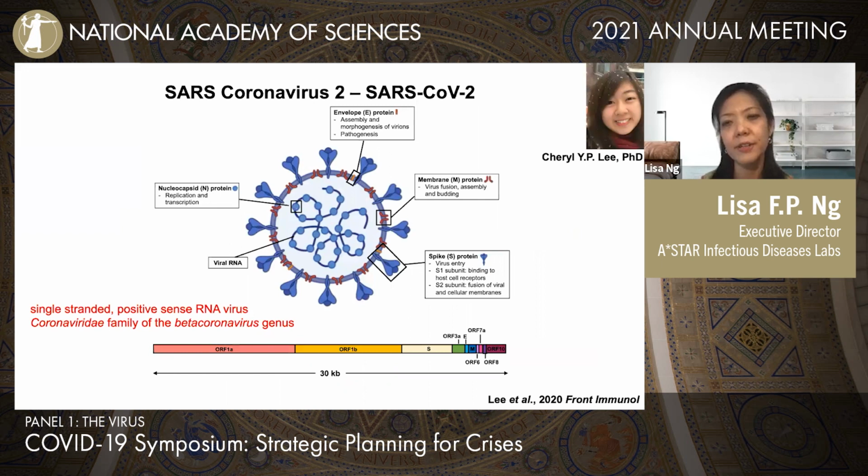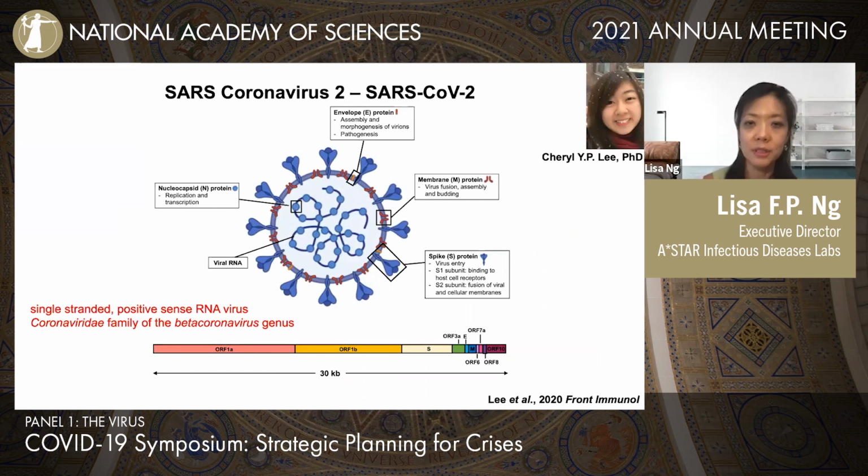Now, this is just a very simple diagram of how the SARS-CoV-2 looks like. It is a very huge single-stranded positive strand RNA virus. And whenever we talk about diagnostics, typically the focus will be very much on the spike protein, the envelope, membrane, and also the nucleocapsid.